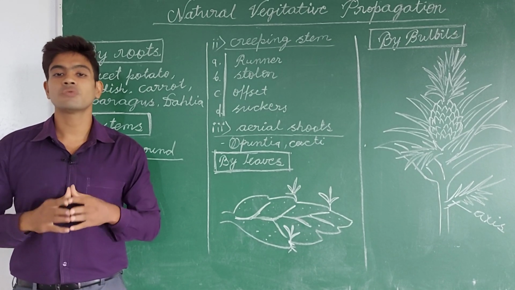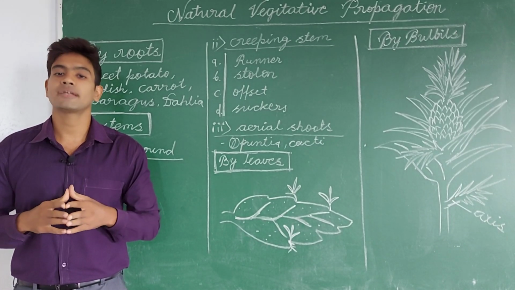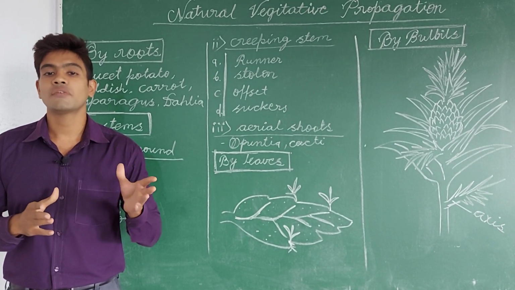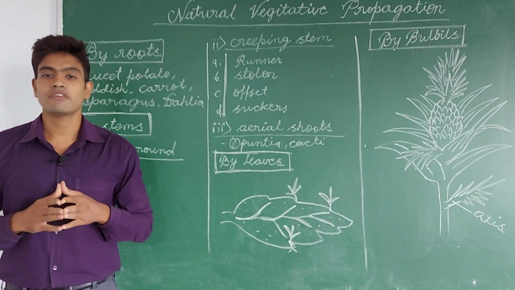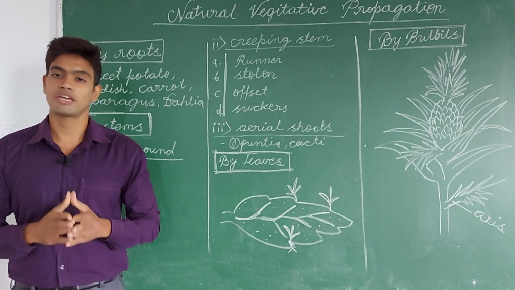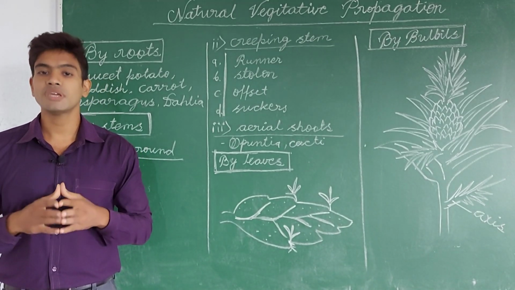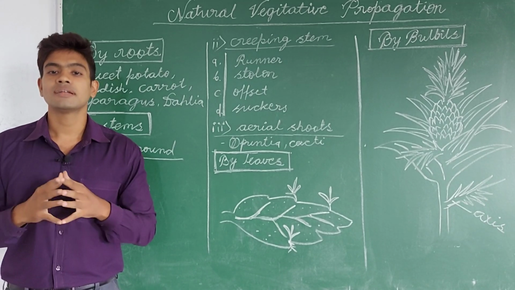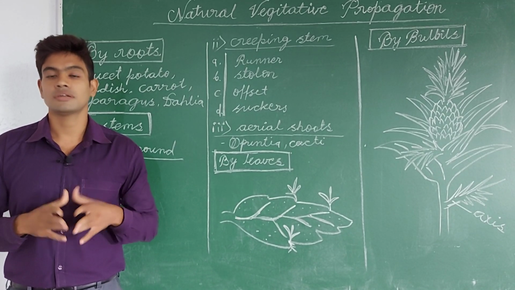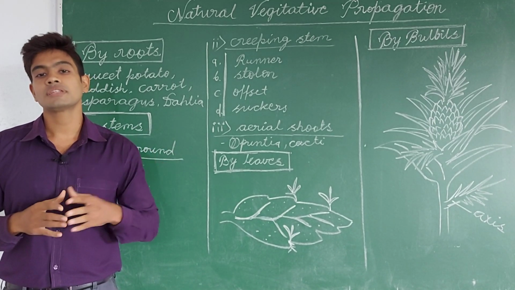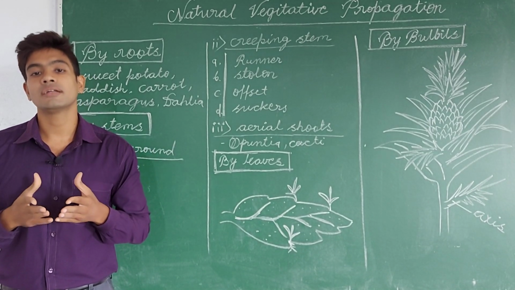Now, this whole vegetative propagation can be categorized in two categories. The first one, the natural vegetative propagation, and the second one, the artificial vegetative propagation. When I say natural vegetative propagation, I mean that it occurs naturally, in nature. When I say artificial vegetative propagation, it means it occurs by human intervention.